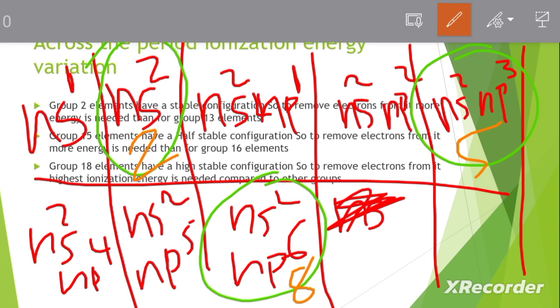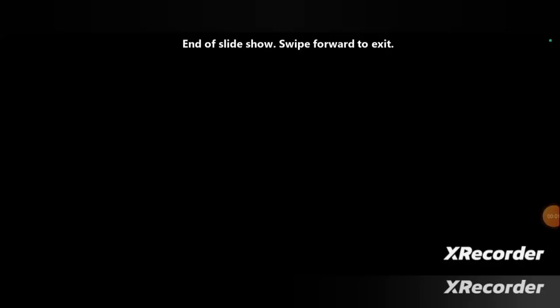So, if I draw an ionization energy variation graph across the period, right? Here I am going to draw the ionization energy variation graph across the period considering the common configurations. So first one is ns1 configuration. If we consider hydrogen to be the atom that we draw, it has a higher first ionization energy because that is the only electron in hydrogen.